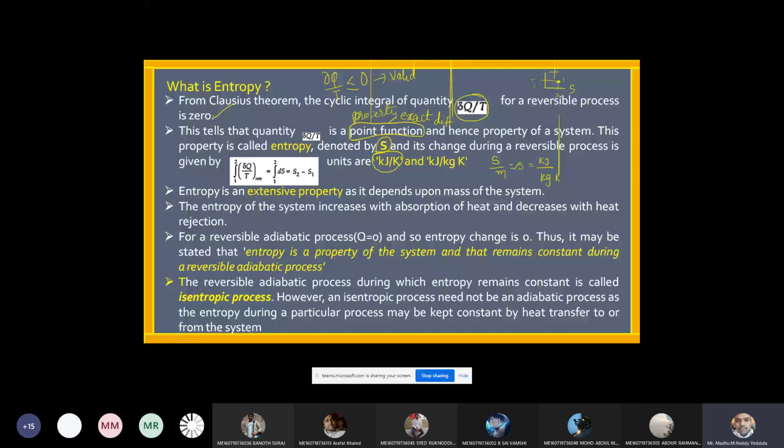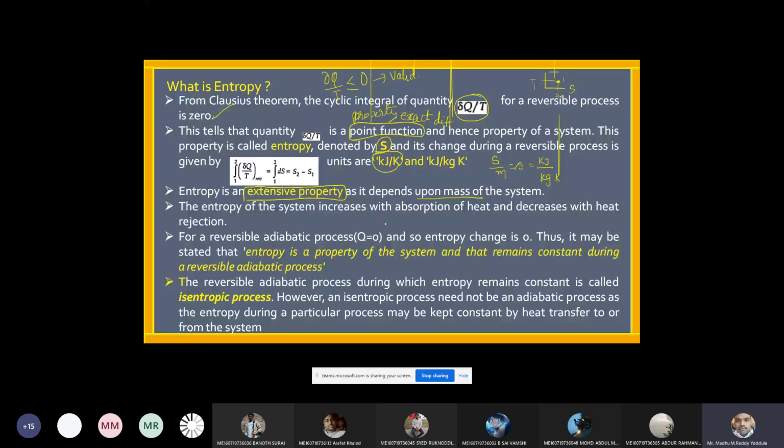So for a reversible process, the cyclic integral of dQ by T, I can write as S2 minus S1. Entropy always depends on the mass. If any property depends on mass, that is called an extensive property, and if it is independent of mass, we call it an intensive property. Here entropy depends on the mass of the system.